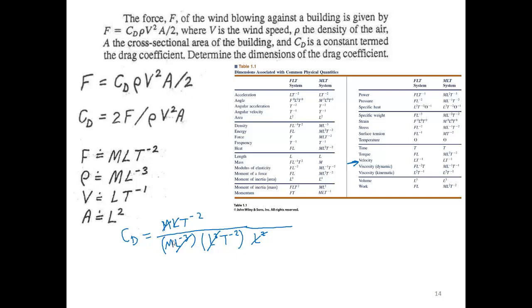The mass here and the mass right here cancel each other, and then we have T to the negative 2, it goes with T to the negative 2, so we're left with unity, so no dimensions. It is what we call a dimensionless coefficient, such as the friction factor, friction loss factor, and other parameters that you might have.